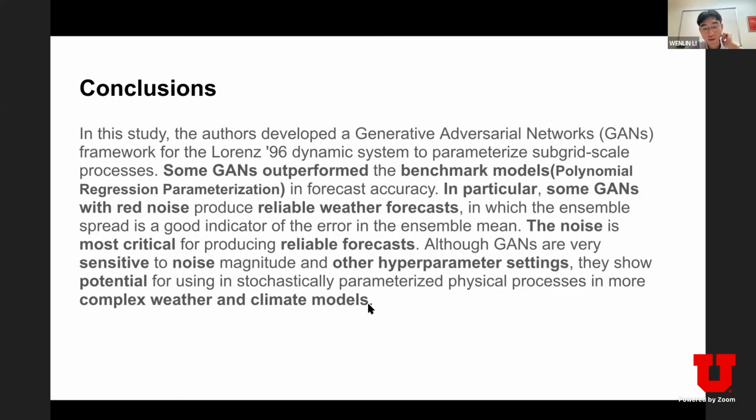Although some GAN models are very sensitive to the noise and other hyperparameter settings, they still show the potential for use in the stochastically parameterized physical process in more complex weather and climate models.